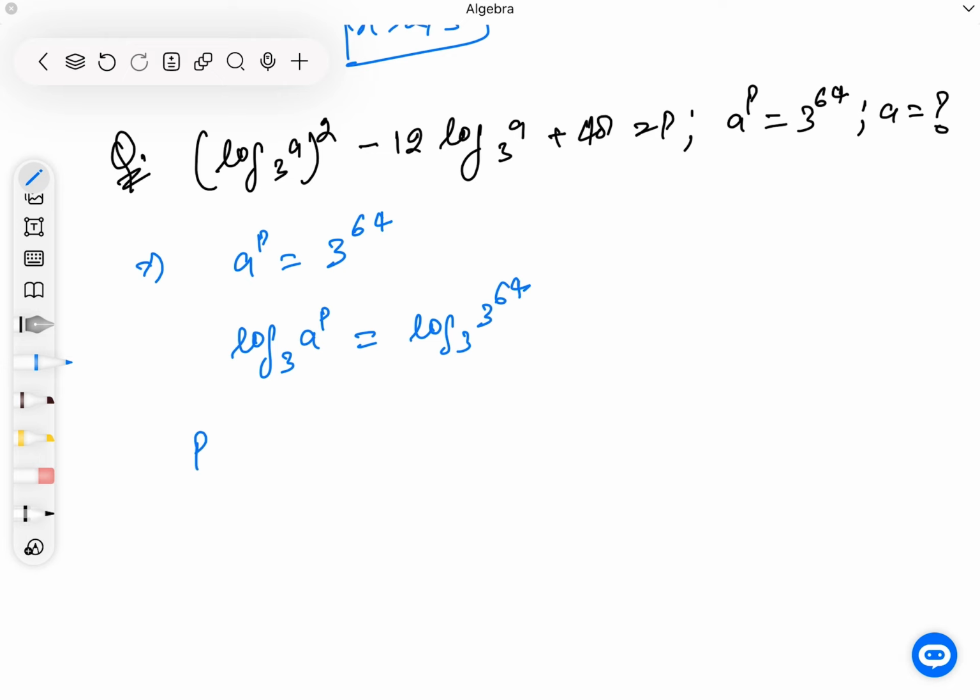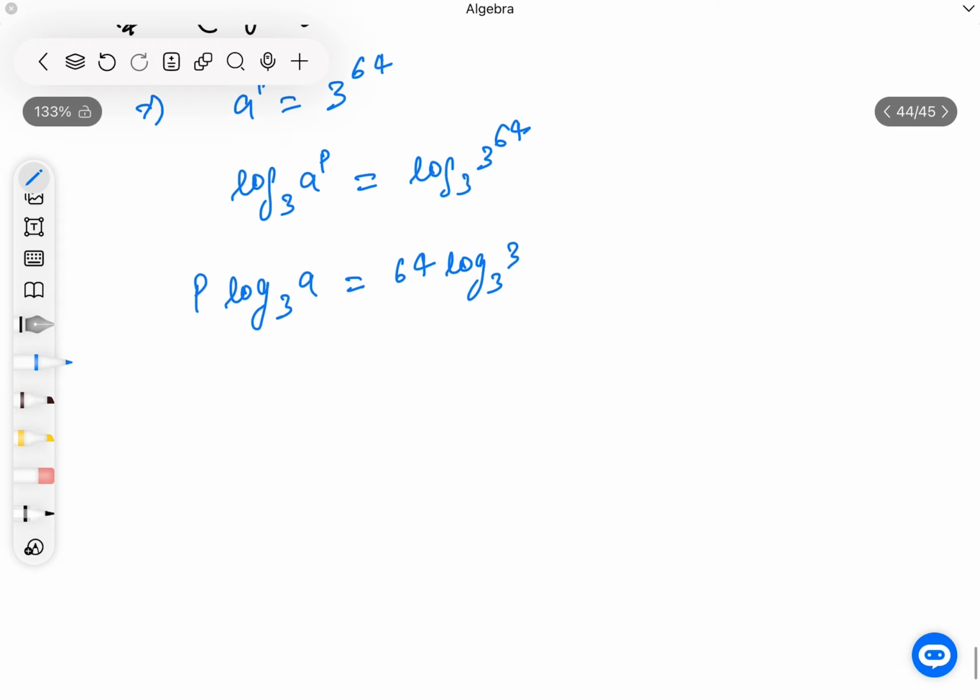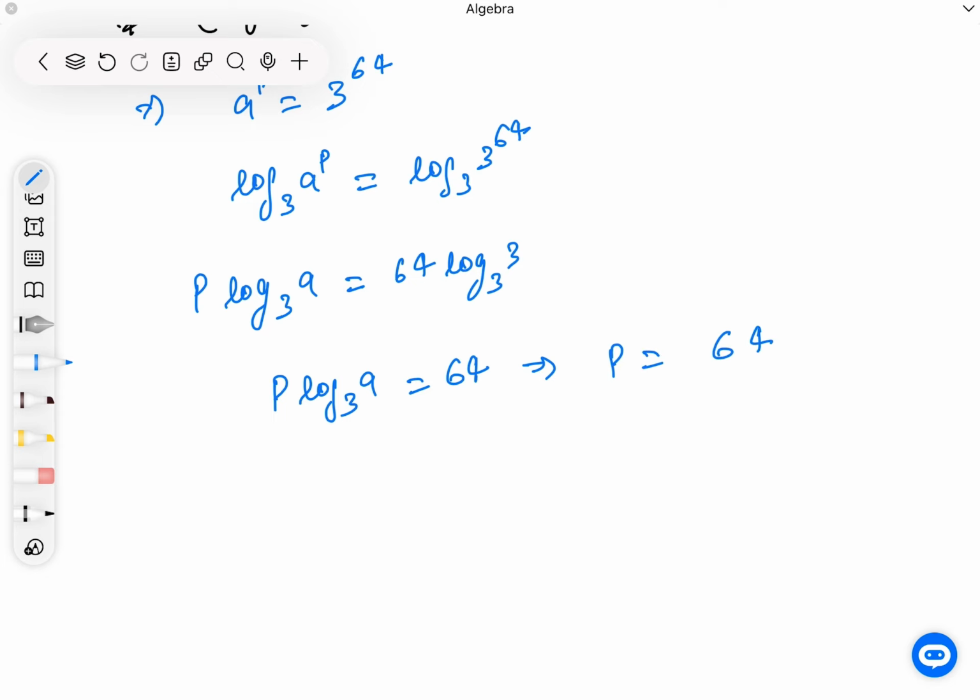So p will come out, and this will be p log of 8 with a base of 3 equals 64 log of 3 base 3. So basically p times log of 8 base 3 is 64, because this will be 1. So p is nothing but 64 upon log of 8 base 3.